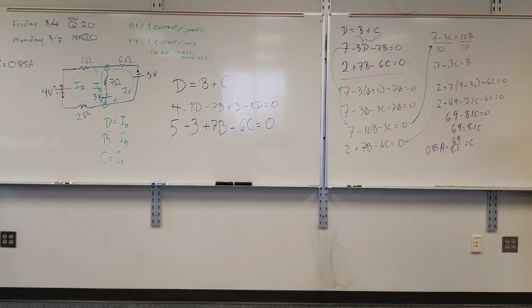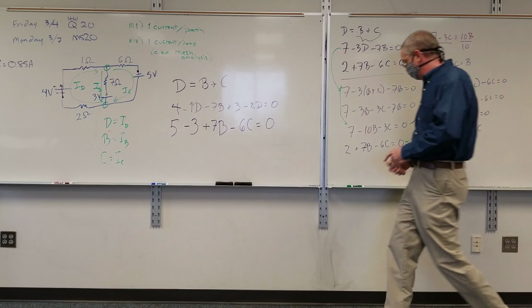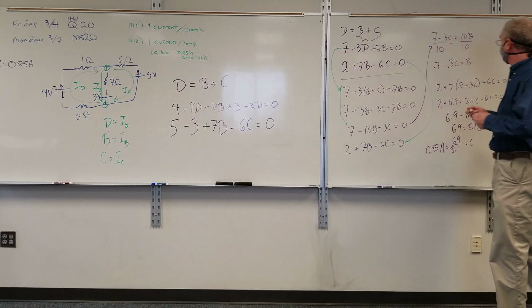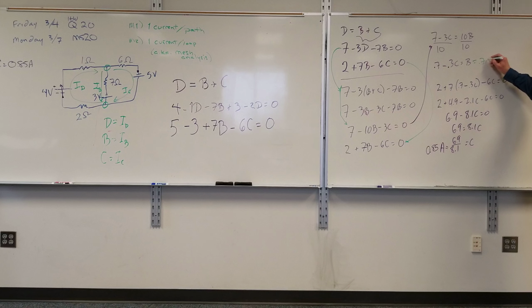All right, so we have C now, and I have an equation here for B. So plug and chug. So this becomes 0.7 minus 0.3 times 0.85. So 0.445.